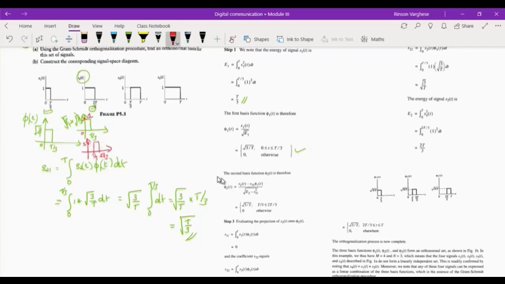This is that signal. Now you need to normalize it with energy, and you get this. You can do it yourself. Phi 2 of t is root 3 by T from T by 3 to 2T by 3.